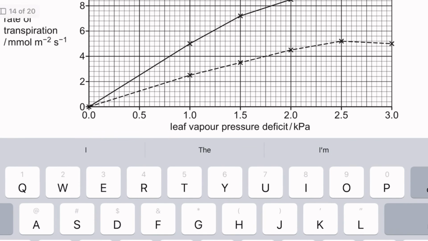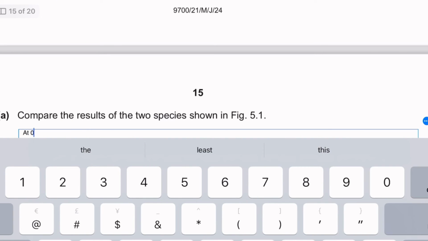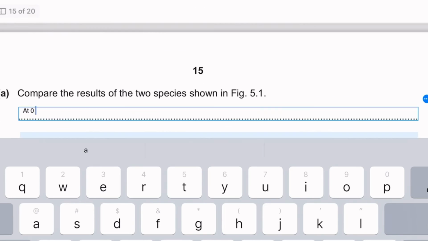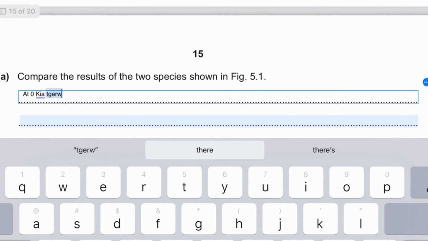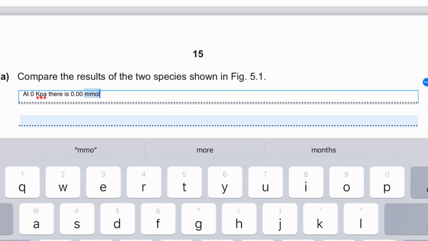As we mentioned, we start, for example, from 0, 0. So at 0, what are the units again? So the units are kilopascal. Okay, at 0 kilopascal there is 0, and then you could mention 0.00 millimole per meter squared.